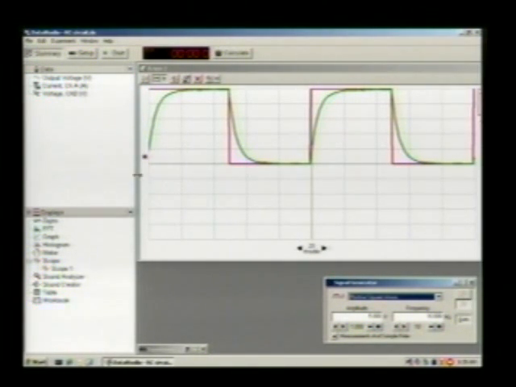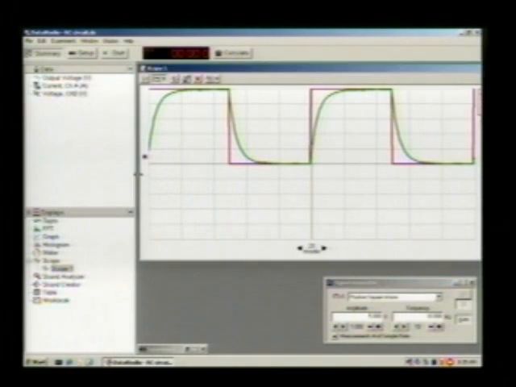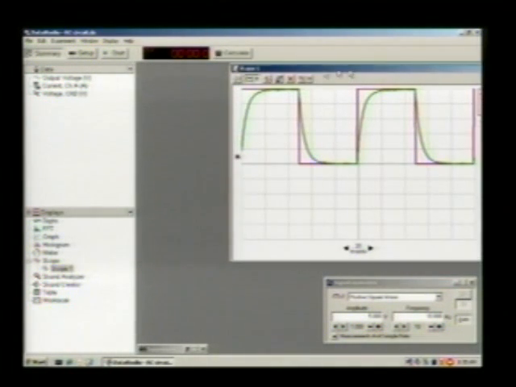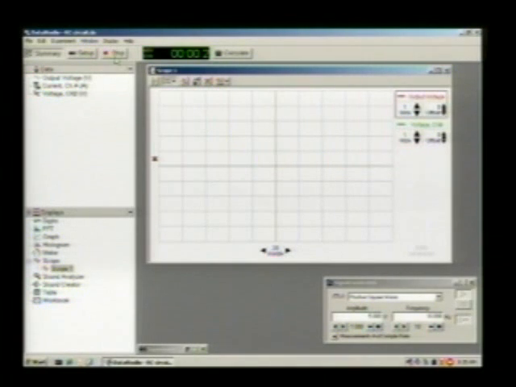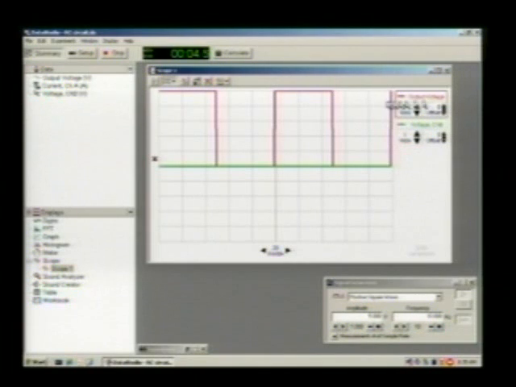So the red line represents that square wave, and over here, how about if I turn it on so that it's live? Right now, the setting is such that one division over here corresponds to 1 volt.